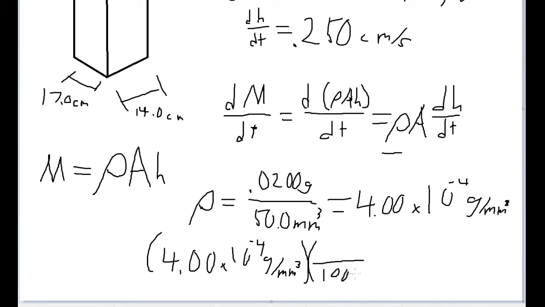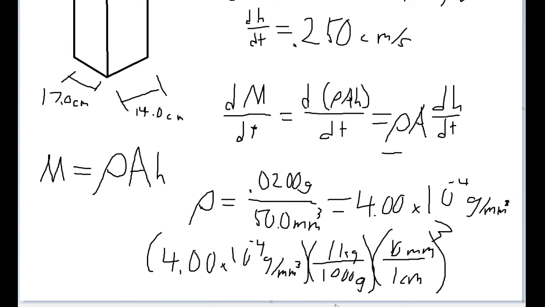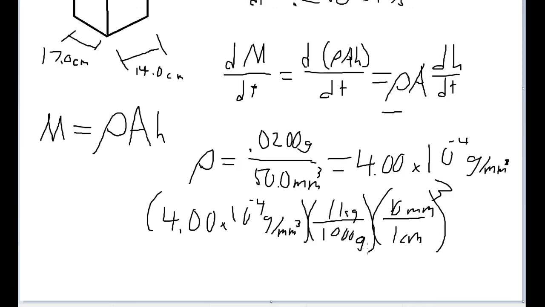So let's put the grams in the denominator to cancel out. As usual, the chain link conversion, you should know how to do this by now. And then let's do the conversion from millimeters to centimeters. And of course, there are 10 millimeters in 1 centimeter, and cube the whole thing, so that we know that we are converting using cubic units here.